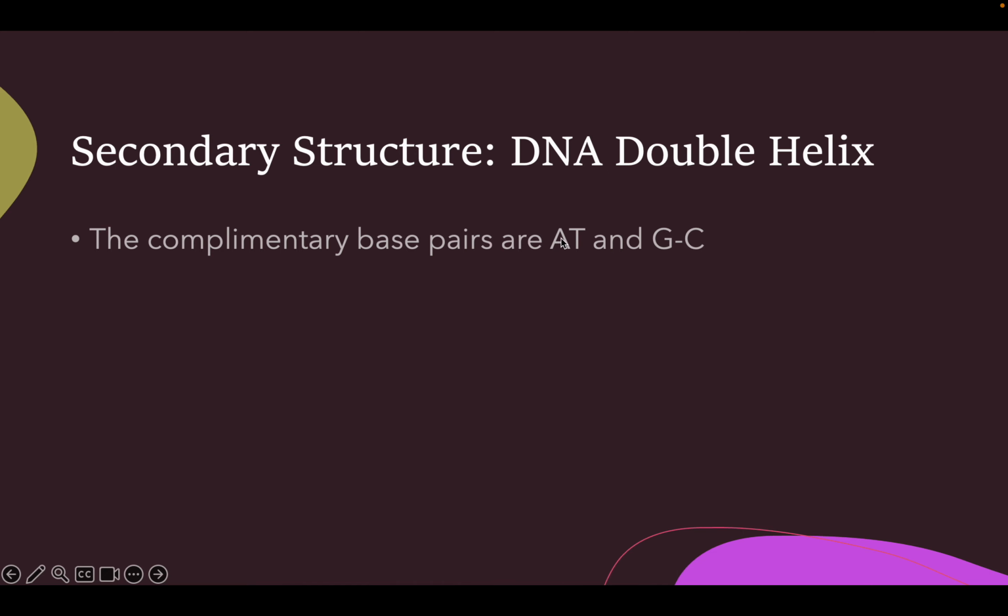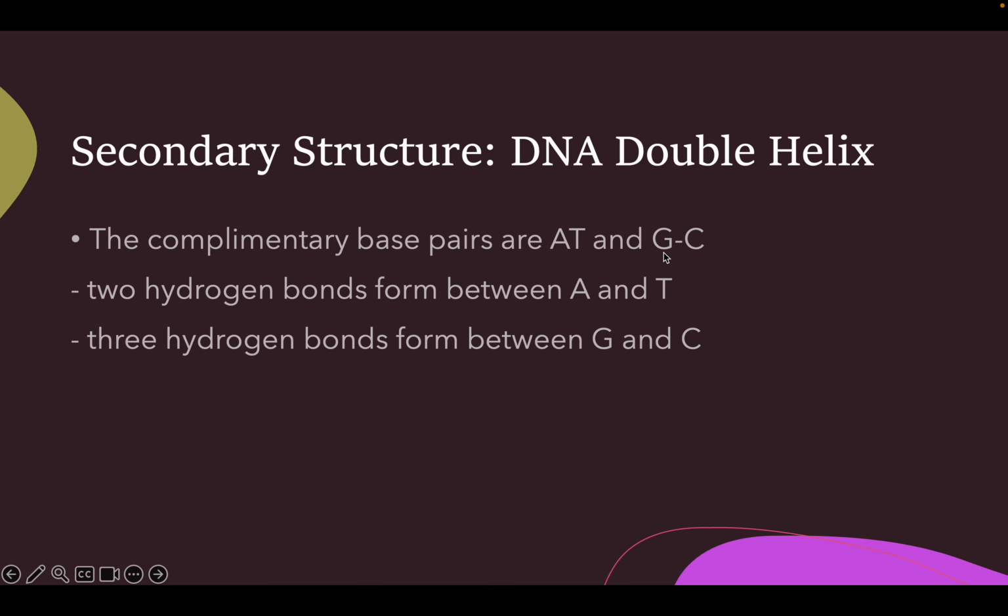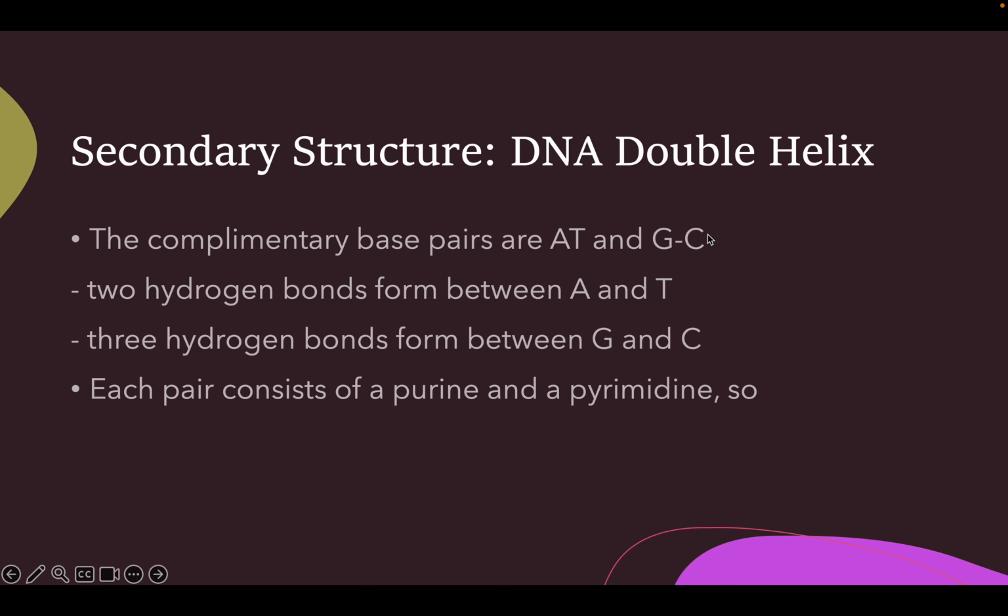So one purine makes the bond with one pyrimidine, and the same with guanine and cytosine. So it is not possible that adenine forms a bond with guanine, or thymine bonds with cytosine, or vice versa, or with others. Adenine will always form the hydrogen bond with thymine. And there are 2 hydrogen bonds formed between adenine and thymine, and 3 hydrogen bonds formed between guanine and cytosine.